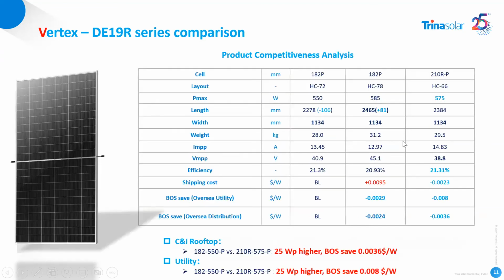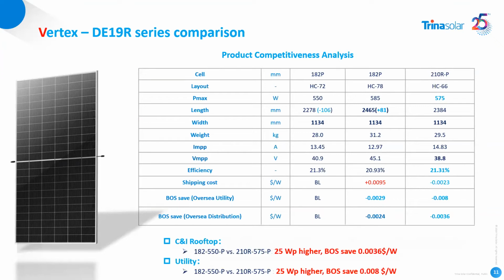So here's the Vertex DE19R series comparison versus the 182 and our 210 mm P-type panels. If you can see the length itself, or the installation size, because we know for C&I, space is very important.